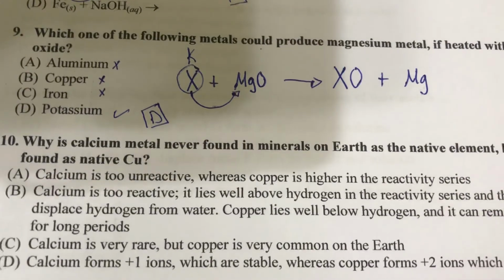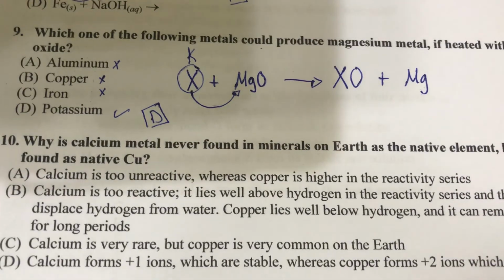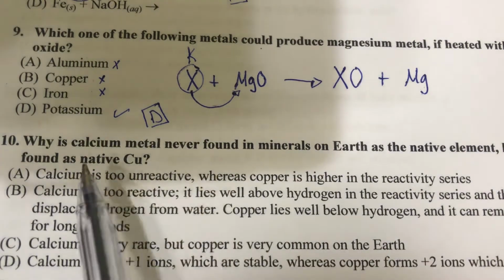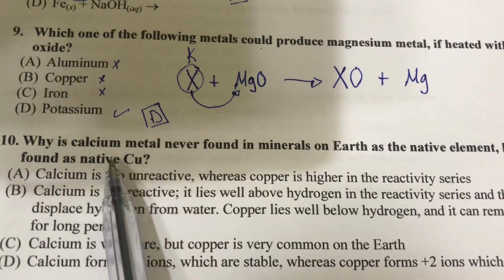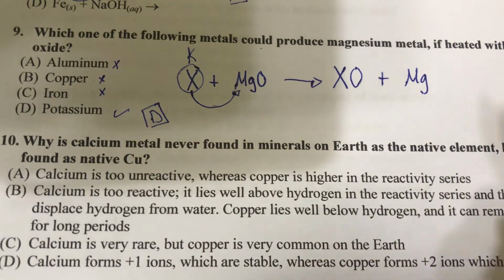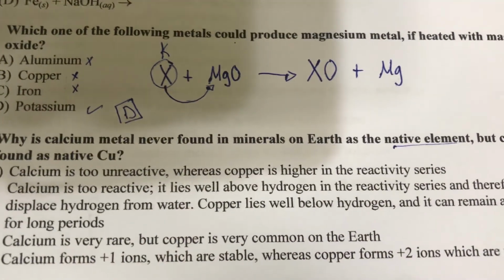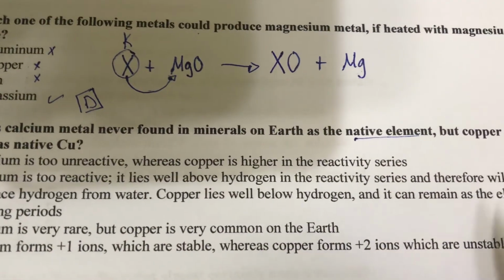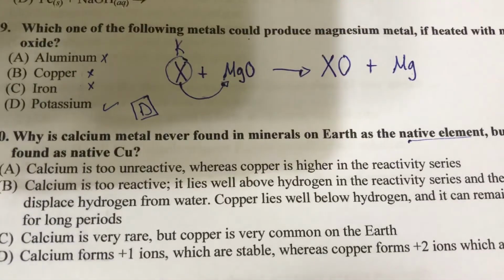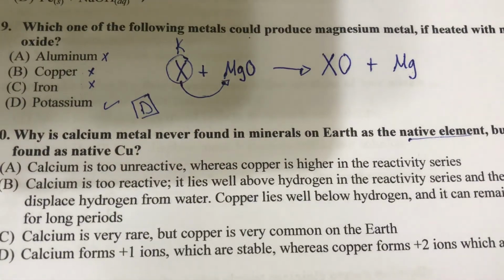Now, question 10. Why is calcium metal never found in minerals on Earth as a native element, but copper is found as a native element? So, why can't calcium be found as a native element? Native element means pure element. Calcium is found as a compound, but copper is found as a pure element.